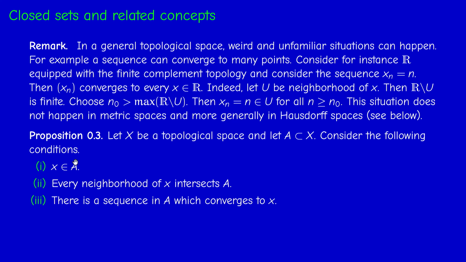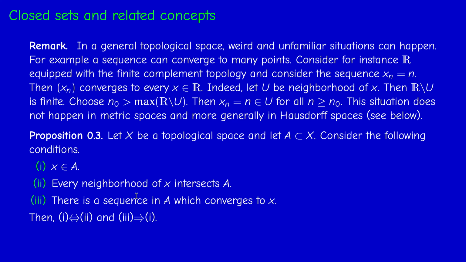Okay, so if we consider three conditions: x belongs to A bar. Second condition, every neighborhood of x intersects or meets A. And third, there is a sequence in A which converges to x. When we had a metric space, I recall from second year, all these three conditions were equivalent. This was proposition 1.8 actually.